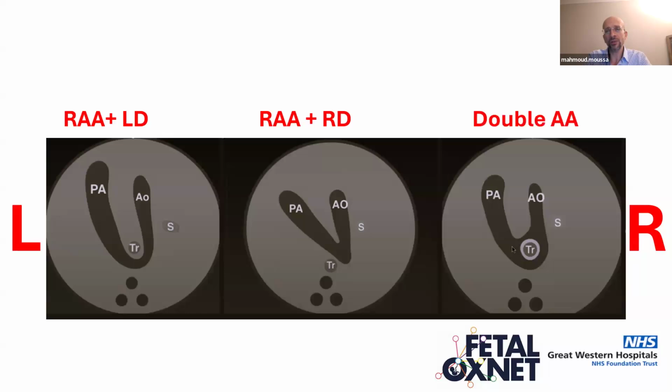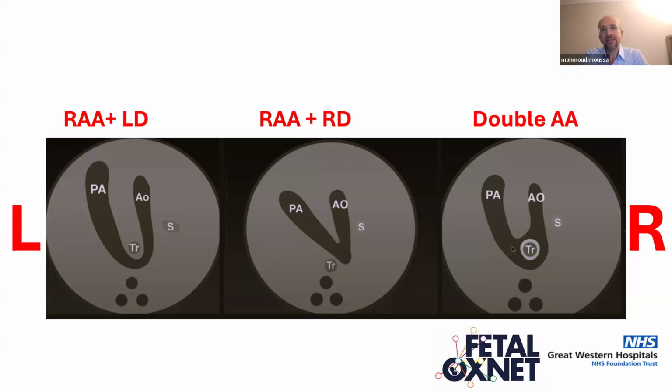The one on the right side is a double aortic arch, and actually the vessel in front of the trachea is the atretic, or the smaller branch of the aortic arch. So the aortic arch will have two, one on the right and one on the left, and usually the one on the right is more dominant. So sometimes you cannot really see clearly the left one, and we will go through this in a second.